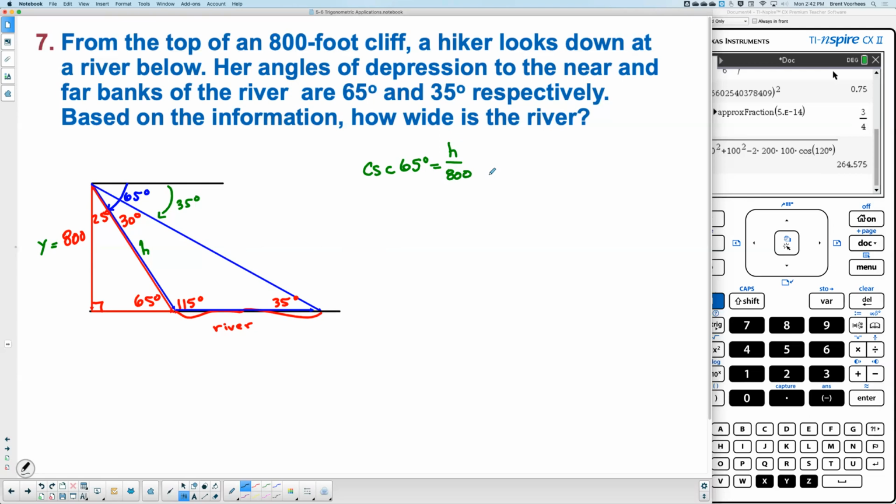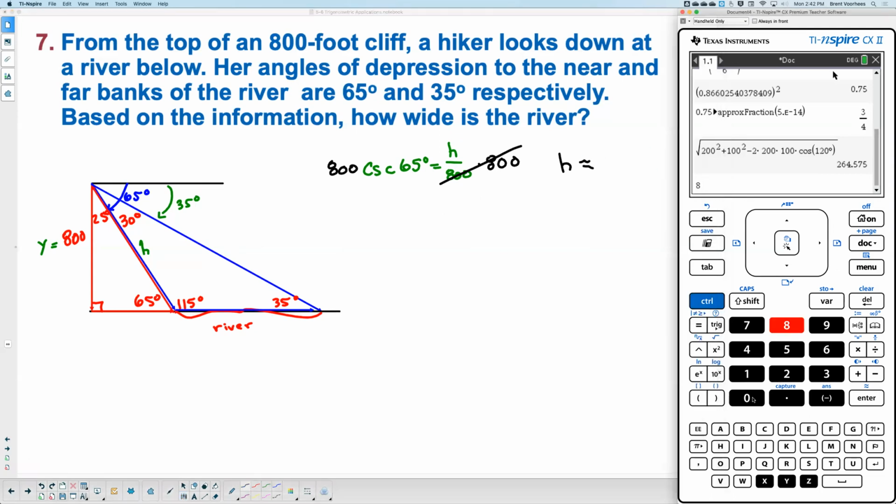How do we get H isolated? Multiply it by 800. That was quicker than using law of sines. If you type that in, you should have your H value. 800, make sure I'm in degree mode.